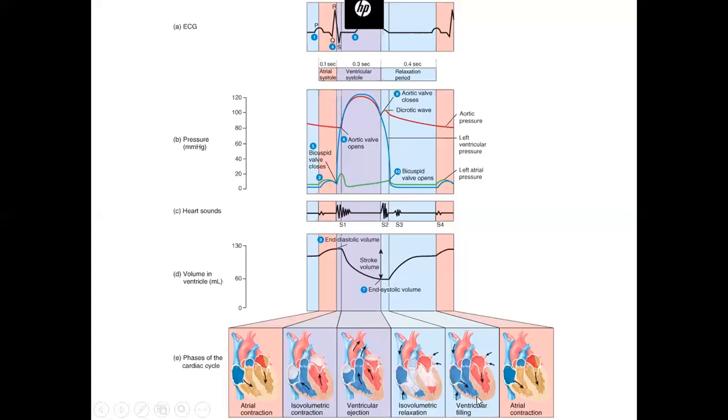We suck it back in about 3/4 of the way, and then we start the whole process over again by contracting the atria and totally filling them up. So, a lot going on with one heartbeat, but very amazing.